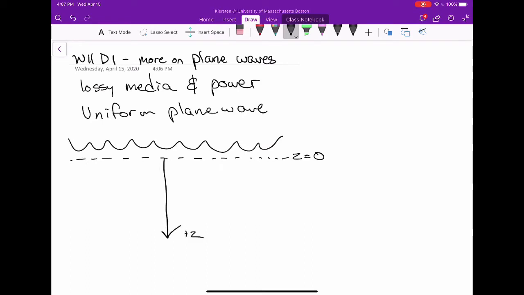And we're saying that the magnetic field in the z equals 0 plane is y hat 100 cosine of 2 pi times 10 to the third t plus 15 degrees.